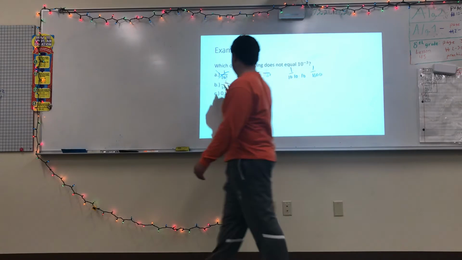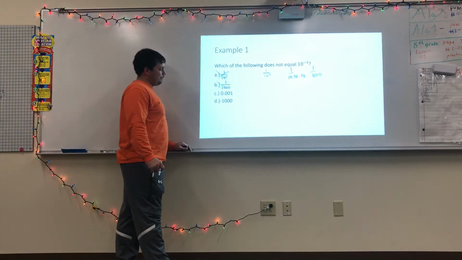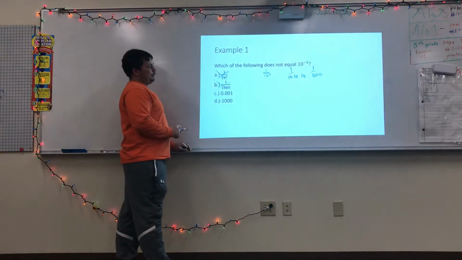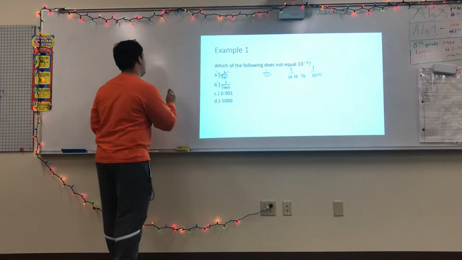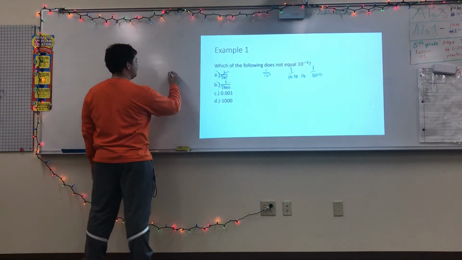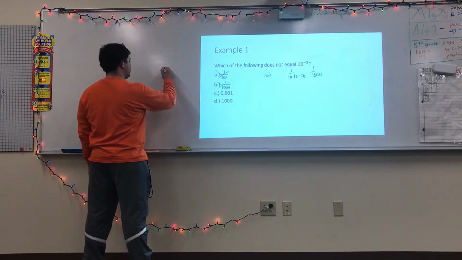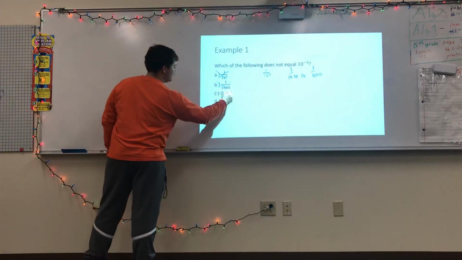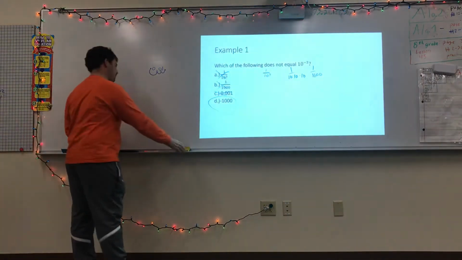That works too. Out of the two we have left, if you remember that we are technically dividing by 1,000, so if we're at 1 right here, we'd have to move 1, 2, 3. So it's not C, so our answer is D. D is the one that does not equal it.